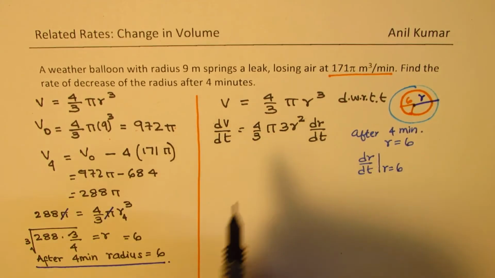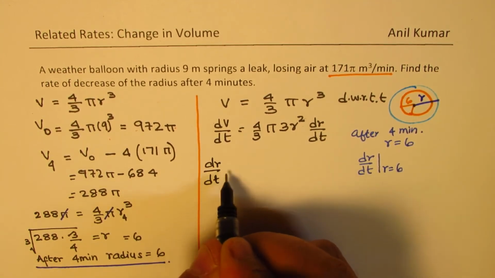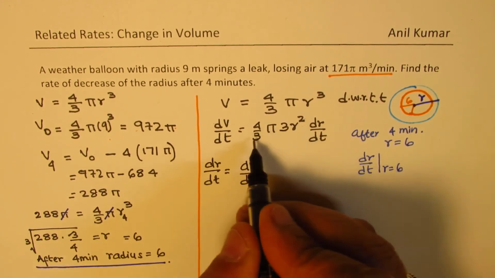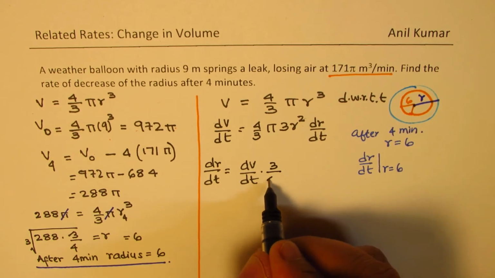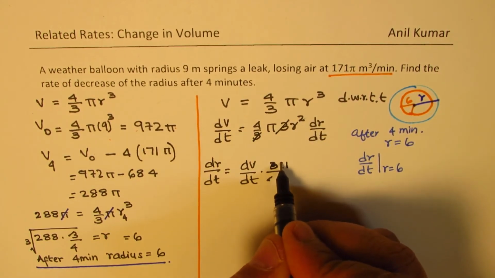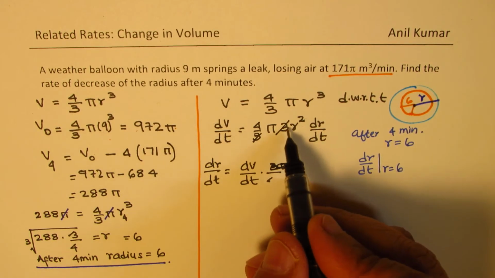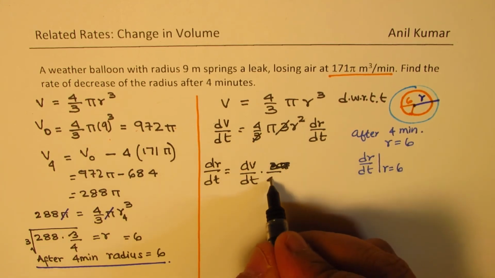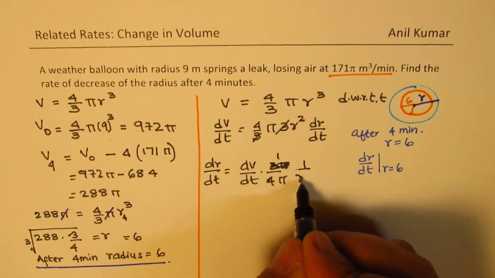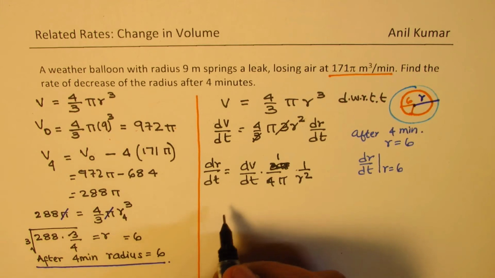So let's rearrange and we can say that dr/dt is equal to dV/dt times 3 over 4 pi. We can cancel this also, right? So no need to write 3 here. So dV/dt, and this 3 and 3 cancel, so 4 pi comes in the denominator, 1 over 4 pi times 1 over r square. So that becomes the expression for dr/dt. So let's figure this out.